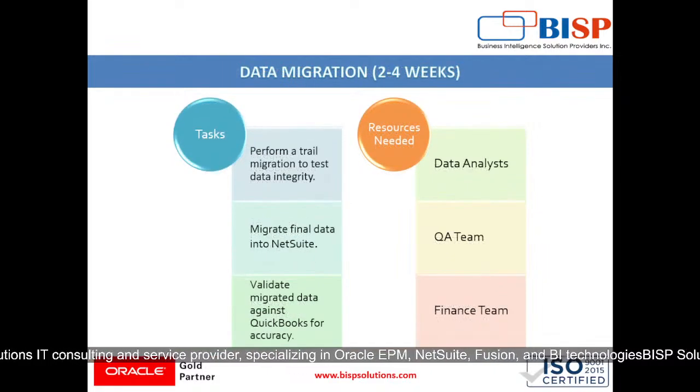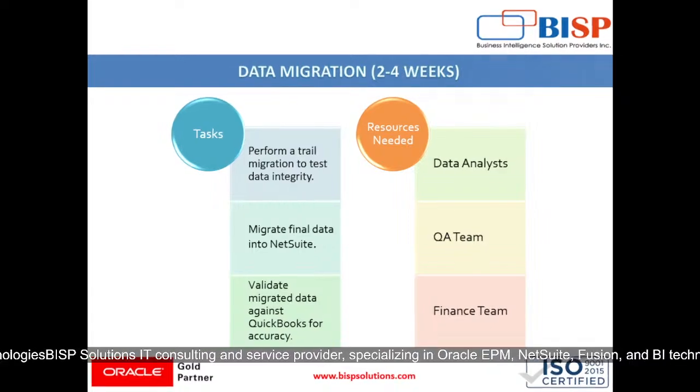Then comes our data migration, which will take around 2 to 4 weeks, where the task is to perform a trial migration to test data integrity and migrating final data into NetSuite and validating migrated data against QuickBooks for accuracy. So what are the resources needed for the same? Data analyst, QA team and finance team.